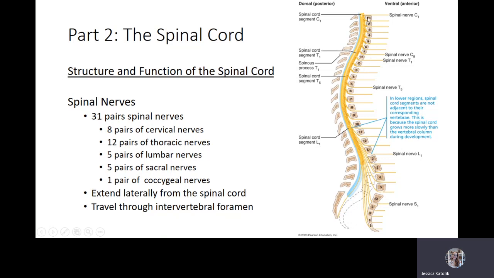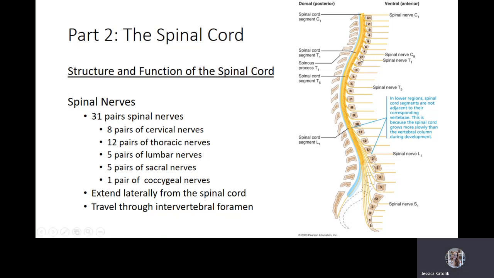For the cervical nerves, the first cervical nerve is actually going to start above C1, and the rest of the nerves will be coming out of the intervertebral foramen. And so here would be C2, C3, C4, C5, C6, all the way down to C8. C8 is going to be below the 7th cervical vertebra.